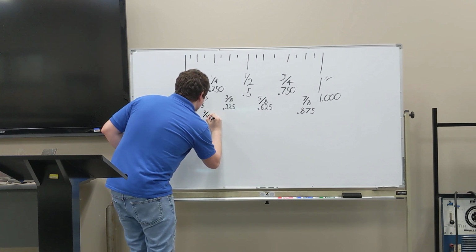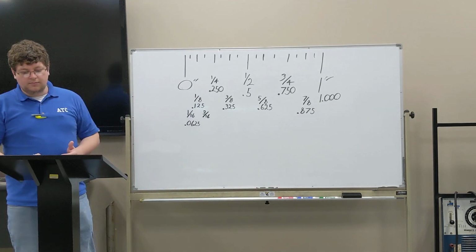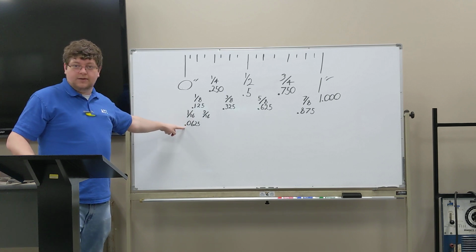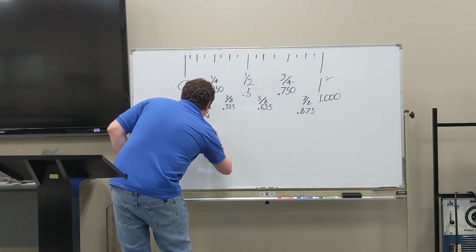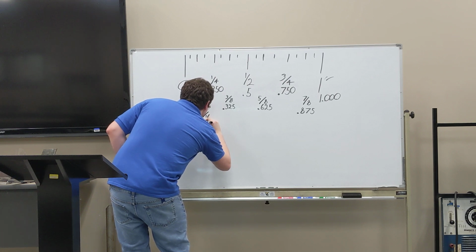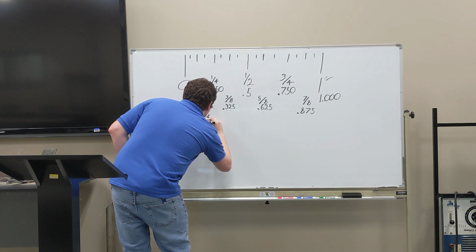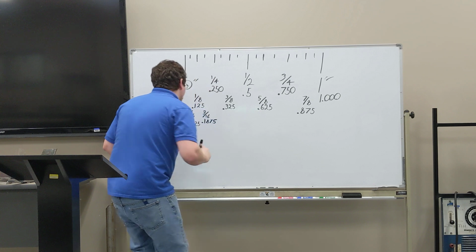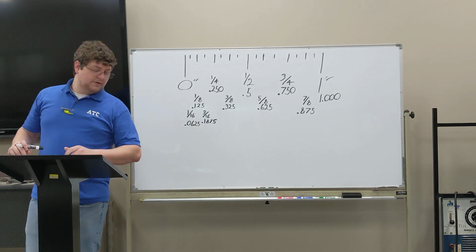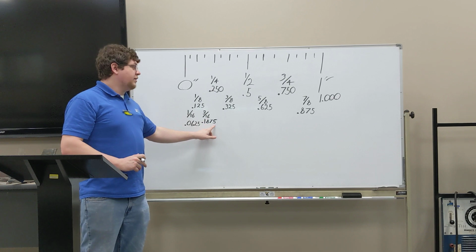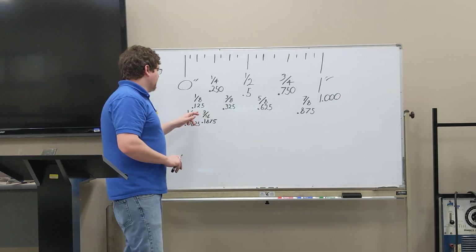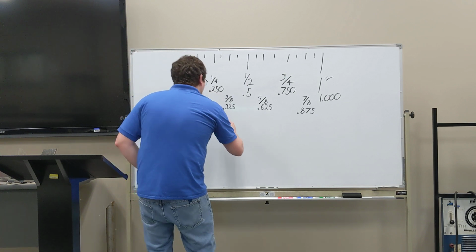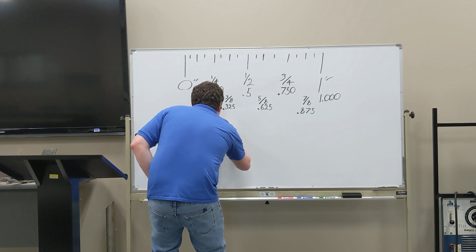3/16. What is 3/16? 3/16 is simply 1/8 plus 1/16, which is 0.1875. So the next one, we go up, and we're at 1/4. We come down to our next one, which is 5/16.